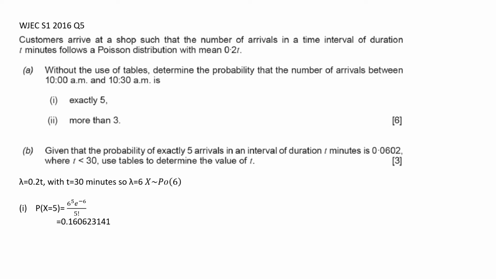Pressing the buttons on my calculator in that format, or virtually any other order, will give me 0.160623141. Part of the issue with that is over specification of probabilities. I know some examiners, especially the board I'm marked for, if you'd left that as an answer, you would lose marks because it is over specified, it is too accurate.